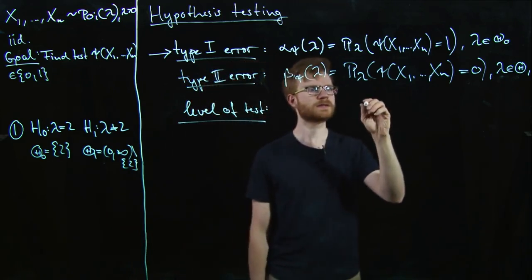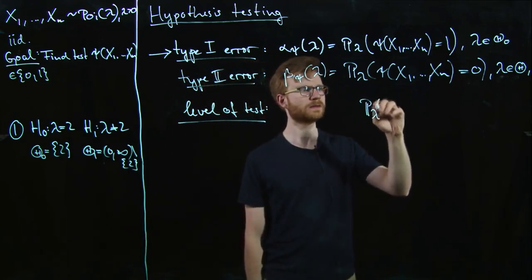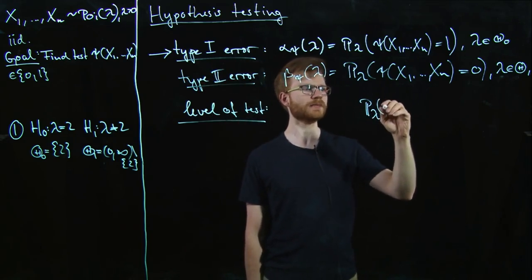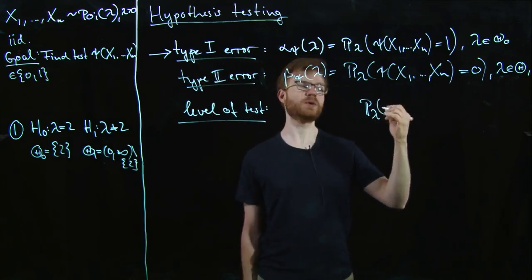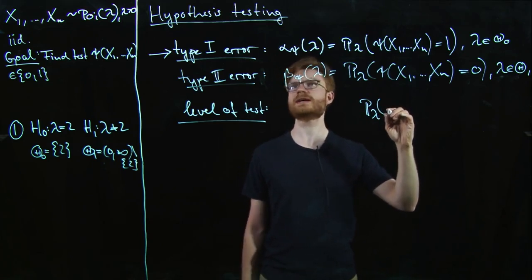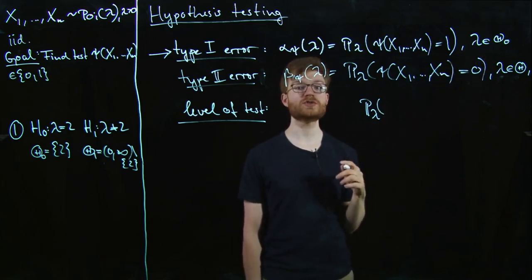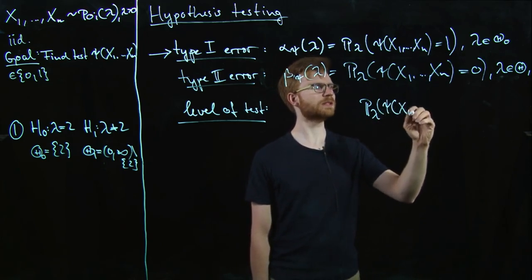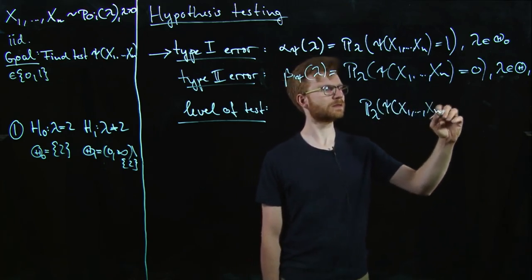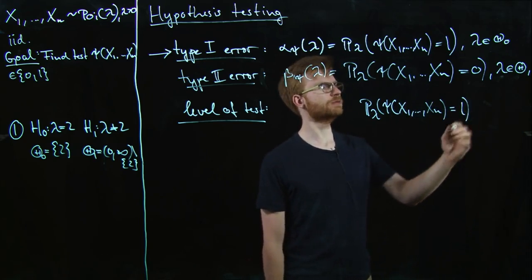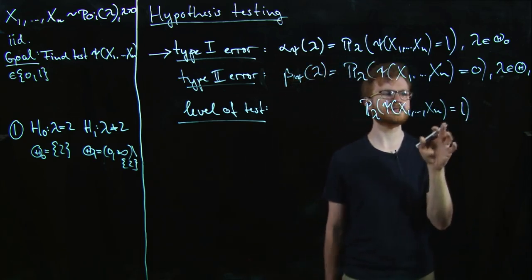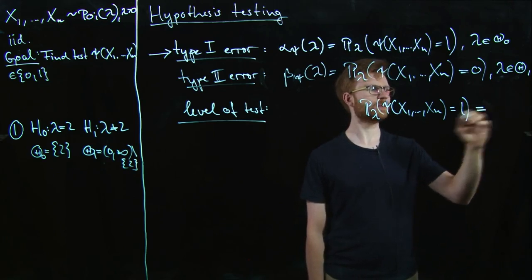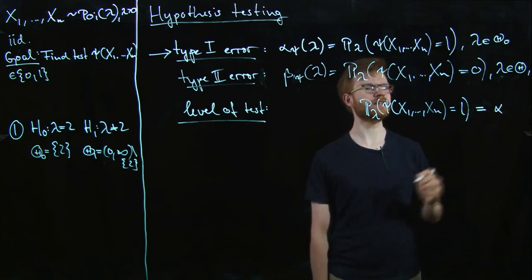OK, so the level of a test is the biggest number, essentially the biggest type 1 error that I see within all lambdas corresponding to the null hypothesis. So that is, what's the probability that I reject the null hypothesis, that I say the alternative hypothesis is true? We call this alpha.